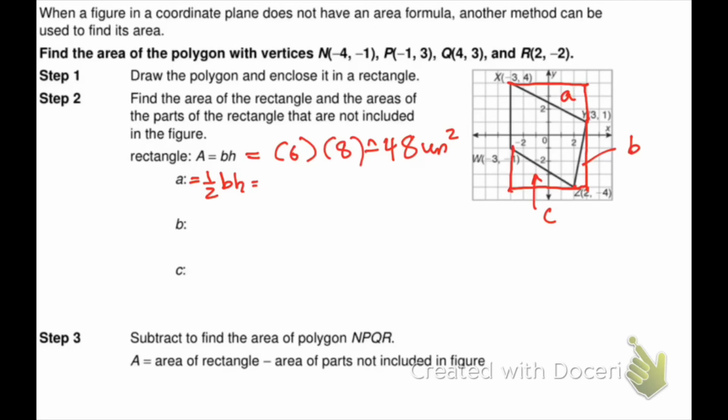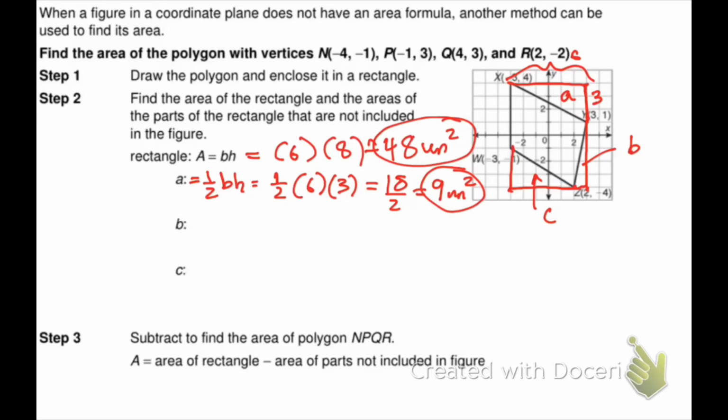Well, the base here is 3 units, so you just count 3. The height is 6. So 1/2 times 6 times 3, that gives you 18 divided by 2, 9 units squared.